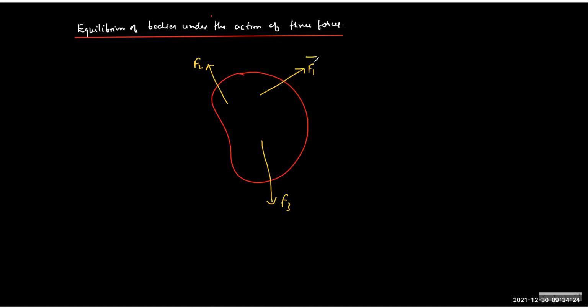So first, for translational equilibrium, the net force must be zero. Now the question is how to make sure that the net torque is also zero, that is, the body is also in rotational equilibrium.